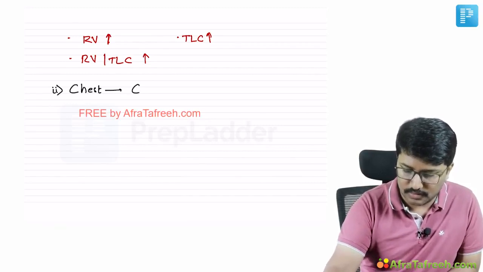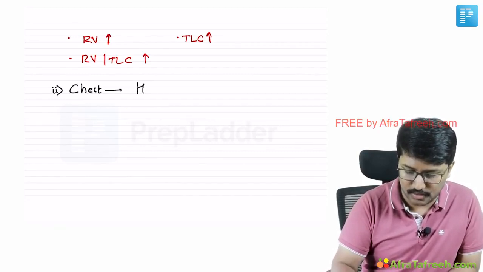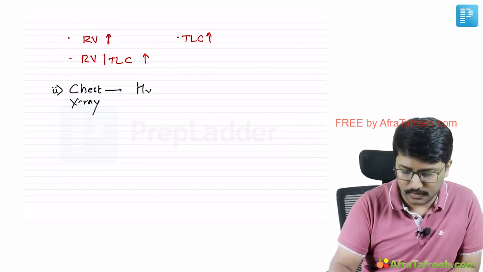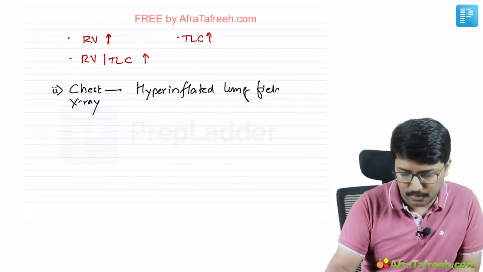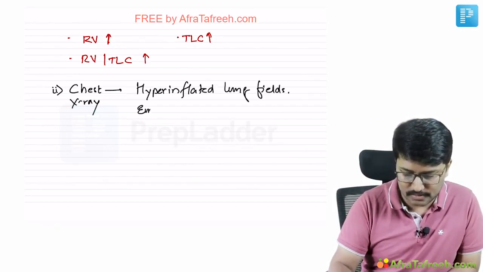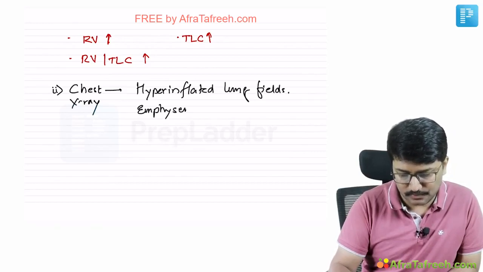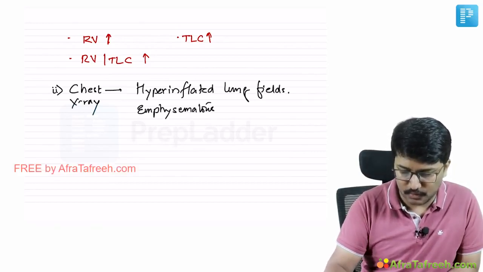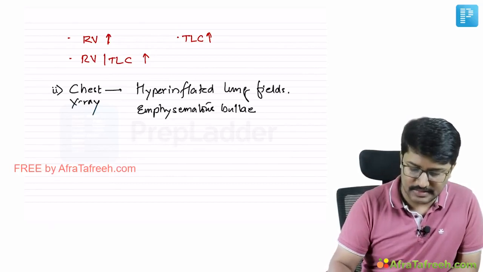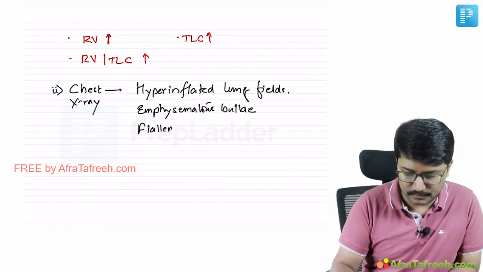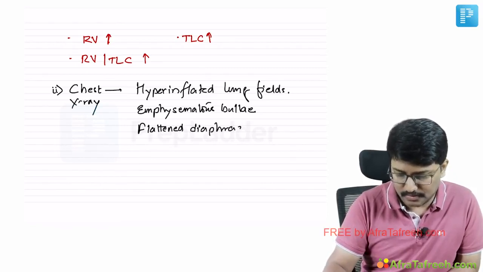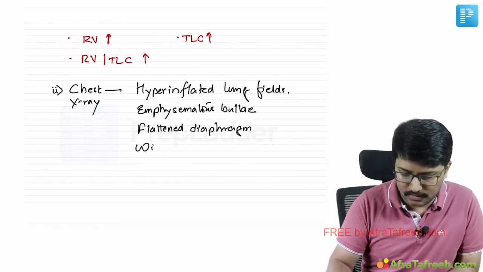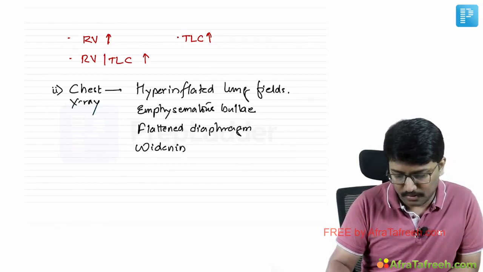So both lung fields might show hyperinflated lung fields, and apart from that you might see emphysematous bullae in some areas, and you will see a flattened diaphragm, widening of rib spaces. These are the important changes that you would be appreciating.